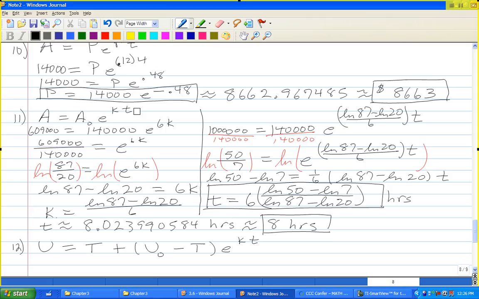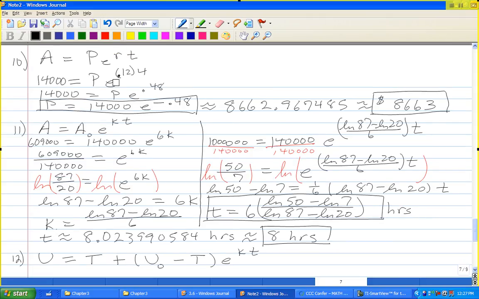They're all the same equation for exponential growth and decay, but sometimes for money we call it A equals P e to the RT, but for other things such as growth of bacteria, we say A equals A sub 0 e to the KT. Of course, it's the same formula.